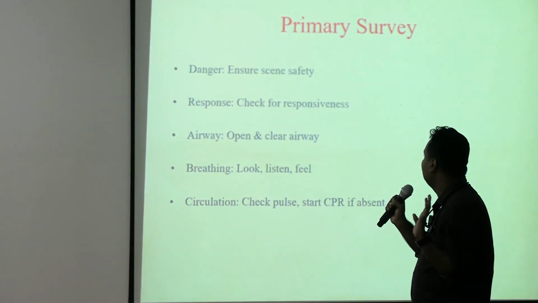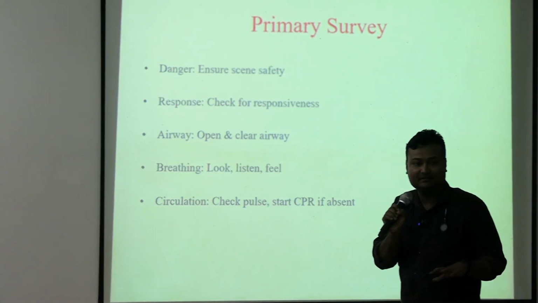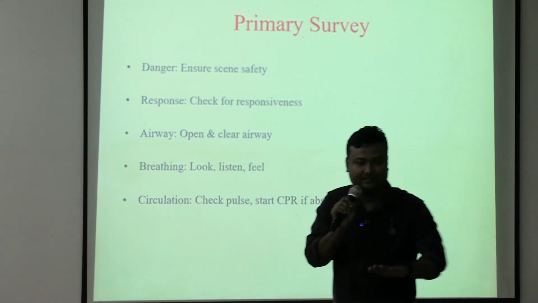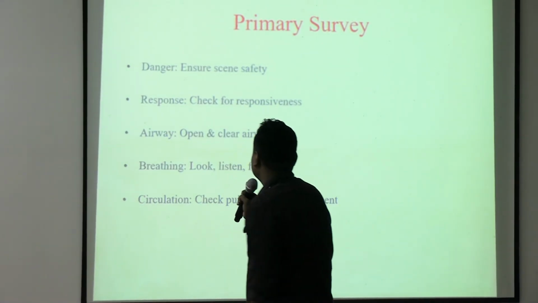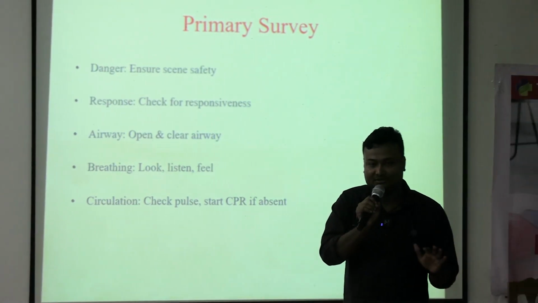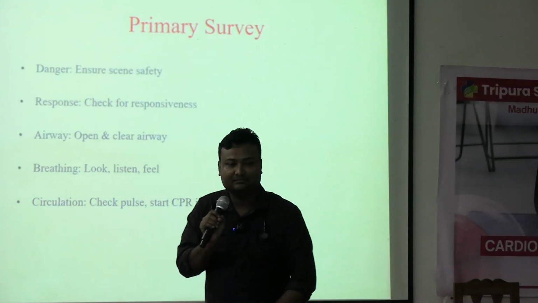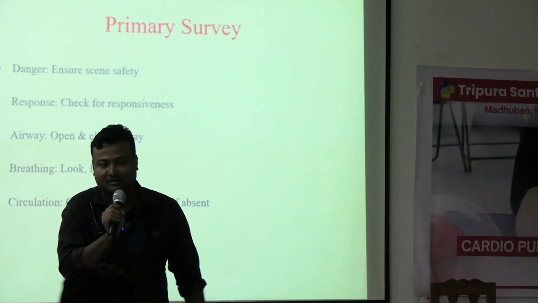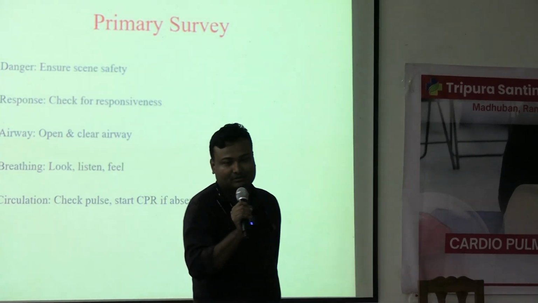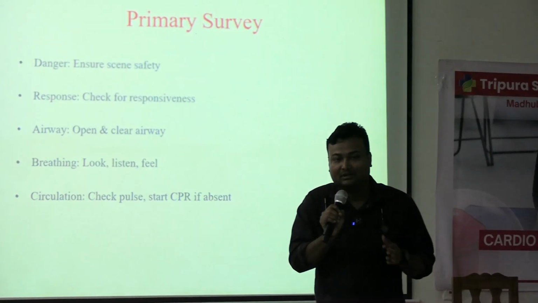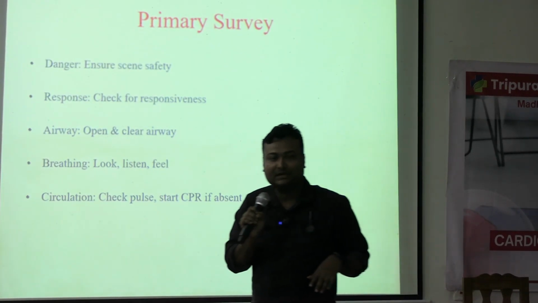First is to ensure safety, the environment safety, scene safety. Then you have to check responsiveness. If somebody collapses or has any injury, first you have to check the patient's response, whether the patient is conscious or unconscious.